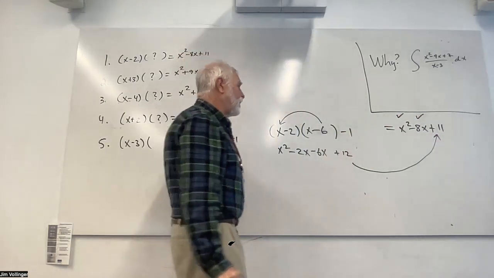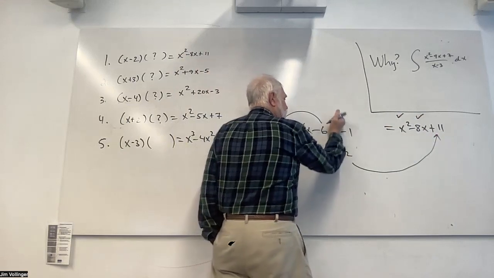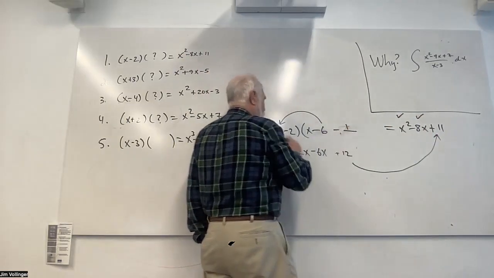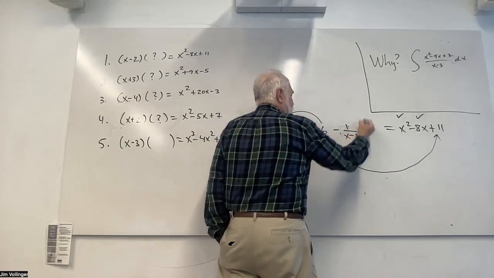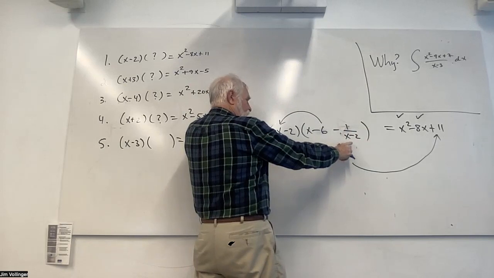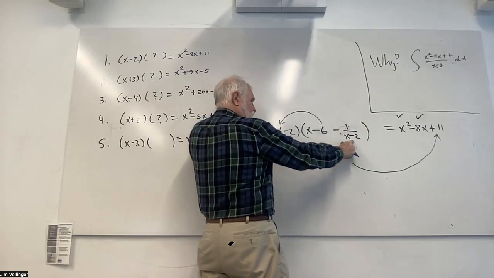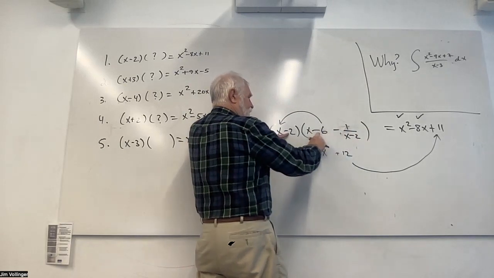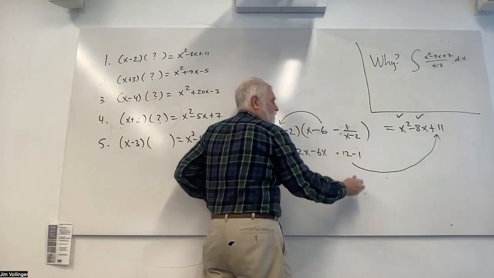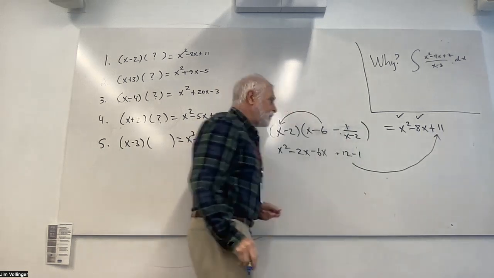But I would hope that with practice, you could see that you could put it in the parentheses as minus 1 over x minus 2, because that is a skill of conversion. Multiplying by x minus 2 and dividing by x minus 2 cancels, and the positive 12 gets dropped down by 1 and becomes 11.